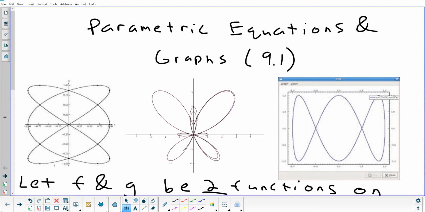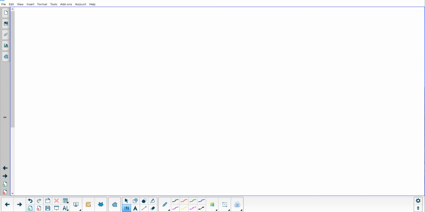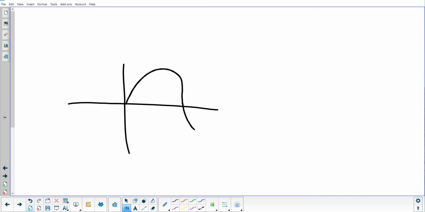So maybe this graph starts here, goes this way, goes through these values, and ends there. So in that case, the start and the stop point are the same. But in some sketches, they might not be. So you might have a sketch that looks something like that. And you can definitely see where it starts and stops because they're not the same point.